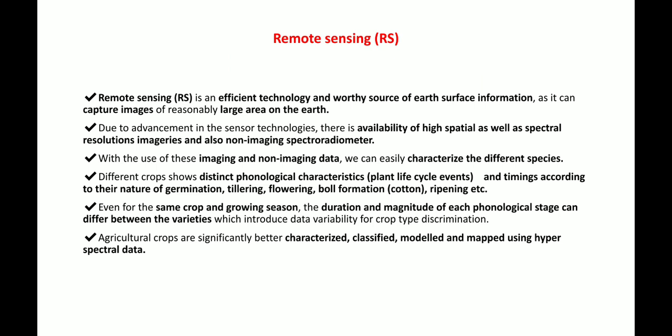Then different crops show distinct phenological characteristics, that is plant life cycle events, called phenology, and the timing according to their nature of germination, tillering, flowering, boll formation, ripening, etc. As we differentiate the crops according to their distinct phenological characters, that is their plant cycles and the timing of growth, the different pigmentations or wavelengths or growth stages also help differentiate the crops accordingly.